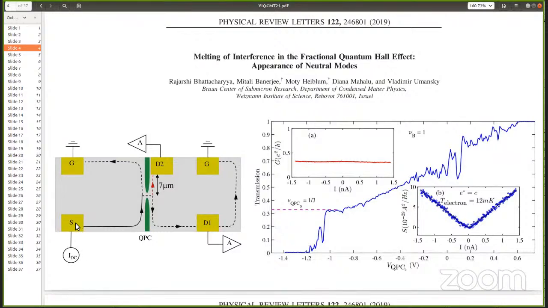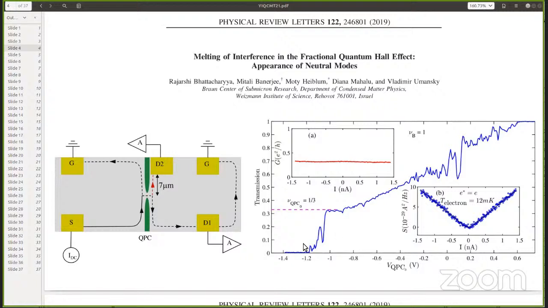You bias the source, so there is some current flowing along this solid black line. At the QPC, there could be some partial tunneling depending on the voltage you apply to the QPC, and either the current could go on towards the contact G, or it could tunnel across, and we would expect it to enter the drain D1.